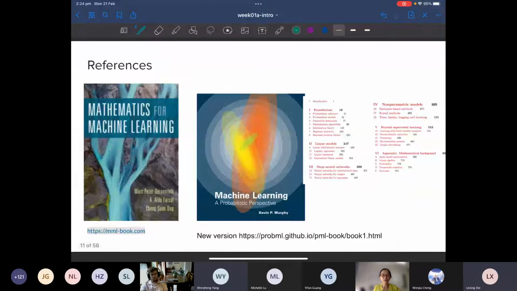So there's a number of books that we'll be referring to. These are the two main ones: Mathematics for Machine Learning. This is the book used in IML. It's well written. It actually has lots of influence from the PRML, our main textbook, and it's a much newer book.